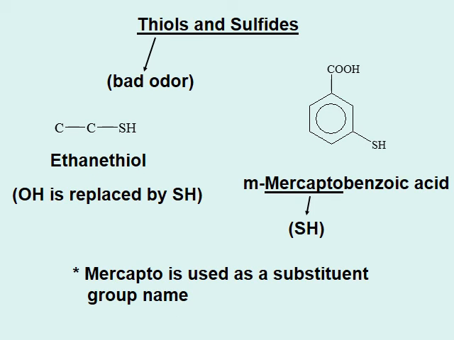Thiols and sulfides usually have a bad odor, and thiols have SH instead of OH. OH is for alcohol. So keep that in mind. Thiols and sulfides both have similarities in that sense.